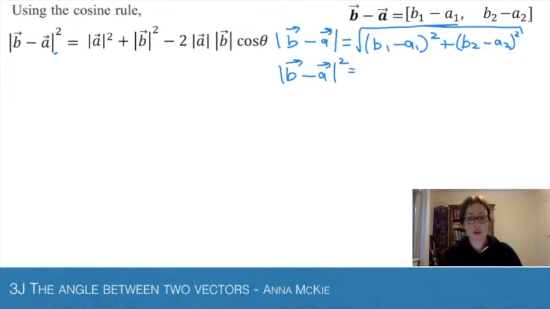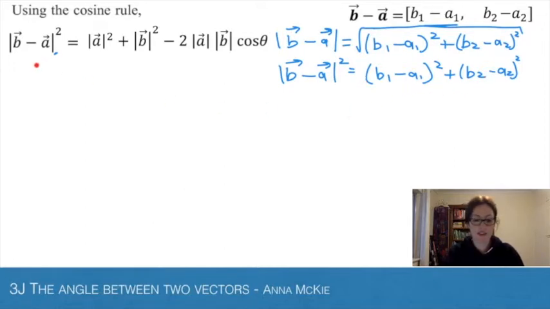If you square the right hand side, that square root will cancel out, so you're just left with these two components squared. Alright, so the next step I want to do is to substitute this in for the left hand side of this equation and put it equal to the right hand side, and we're also going to work out what these components are. Let's do that.